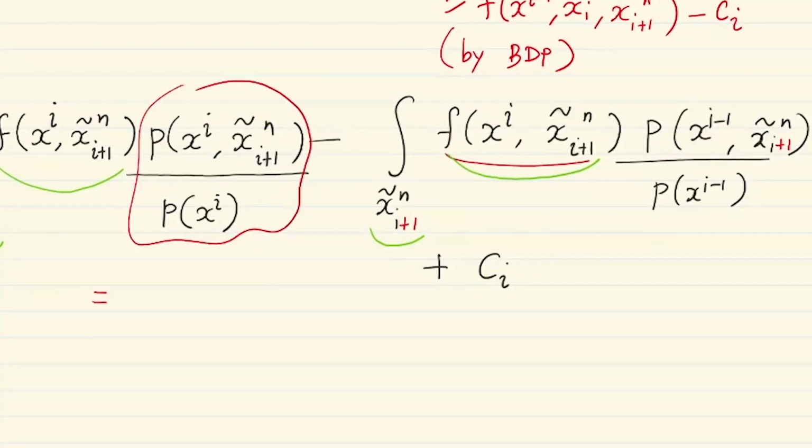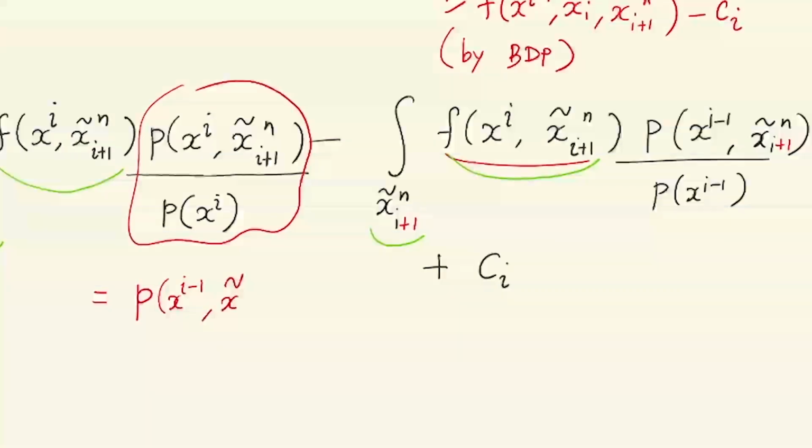By the independence of the x's, recall that we assume that x_1 through x_n are independent, one can always write this as p of x_1 through x_{i-1} and the remaining x tilde i plus 1 to n, multiplied by p of x_i.